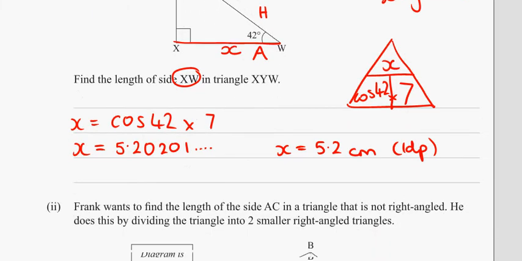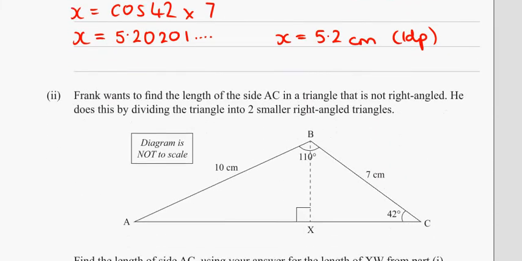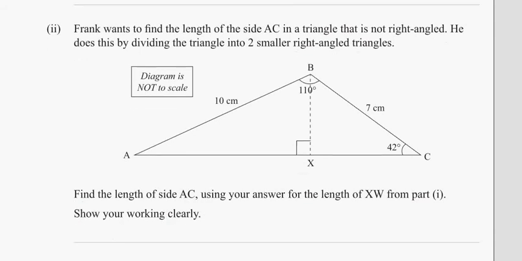Right, the reason I kept that long decimal is because I'm looking ahead. I think we need to know that as well. Right, Frank wants to find the length of side AC, so that's the big long side. AC will be this one. It's not right angled, obviously, although someone has drawn a right angle inside the original triangle.